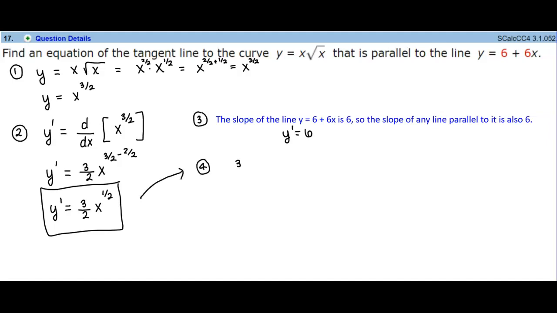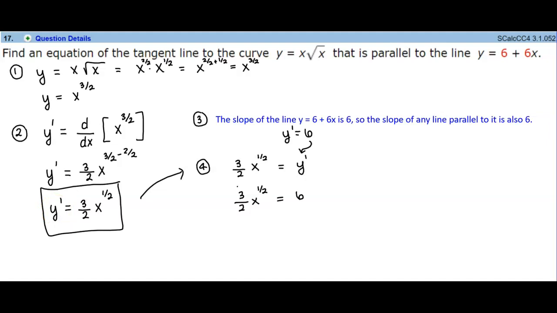So if 3/2 x to the 1/2 is equal to y prime, we're going to place y prime to be 6. So we have 3 over 2 times x to the 1/2 is equal to 6, because we want to determine the value for x.